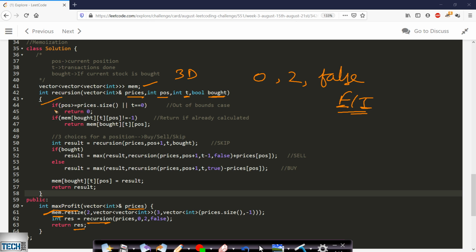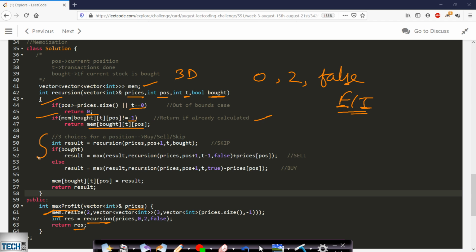Now the first condition is for the out of bounds case. If we go out of bounds in a recursion call, then we will simply return 0. Otherwise if we have ended all the transactions, then also we will return 0. Now for this second case, this is saying that if the memoized array is not initialized with -1, then we will be returning the value. This indicates that if we have already stored the value in the memoization array, then we will be returning it.